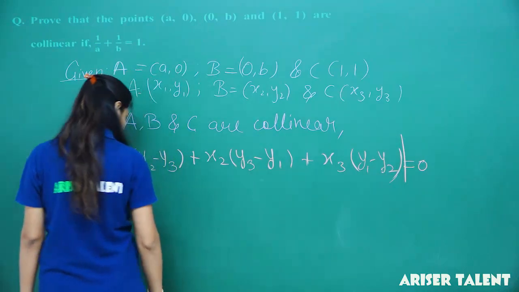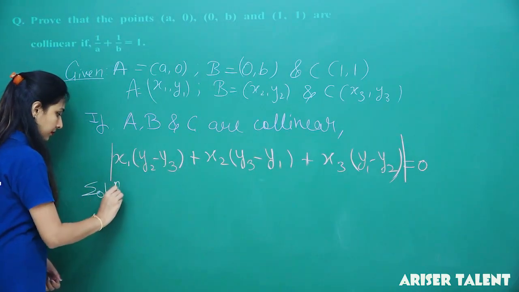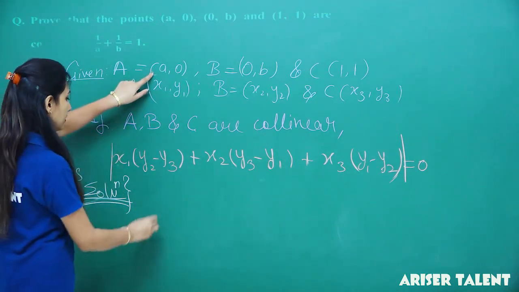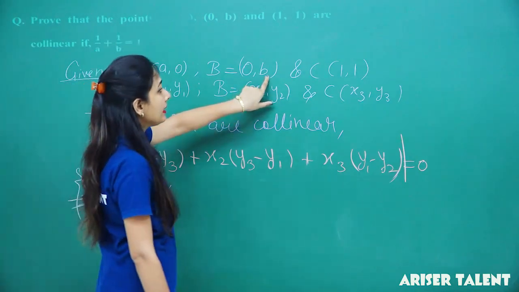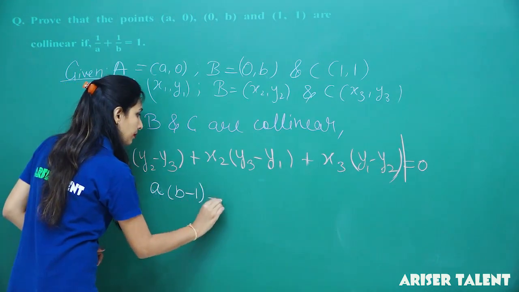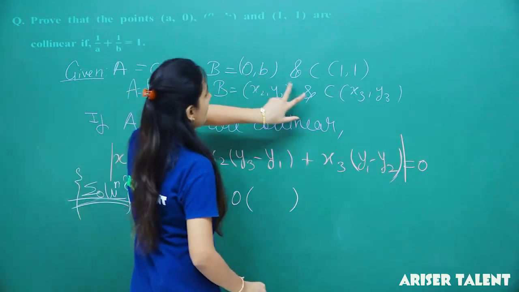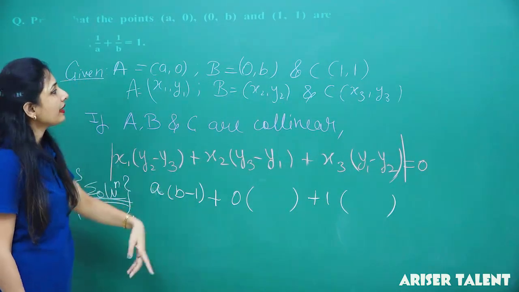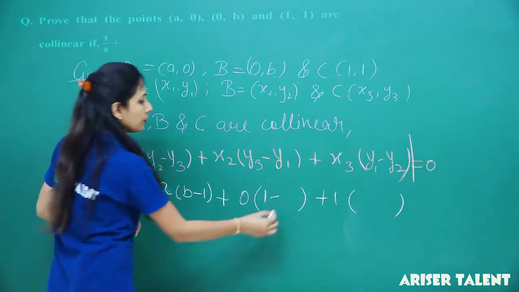Okay, so the solution starts right from there. x1 is a, multiplied by y2 minus y3, this is b minus 1, plus x2 is 0, and x3 is 1, multiplied by y3 minus y1. Now y1 is here 0.